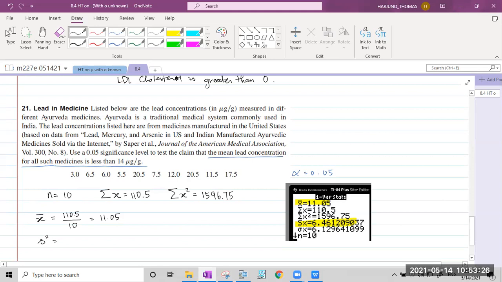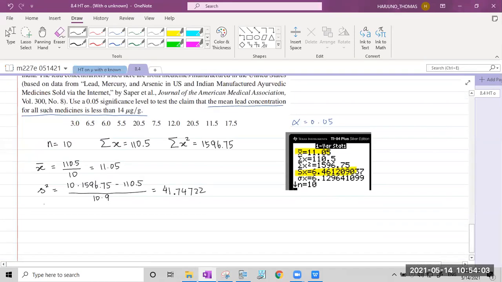So the sample variance will be 10 times 1596.75 minus 110.5 squared, divided by 10 times 9. Long time no see, but you still need to know how to do that. I get 41.74722.